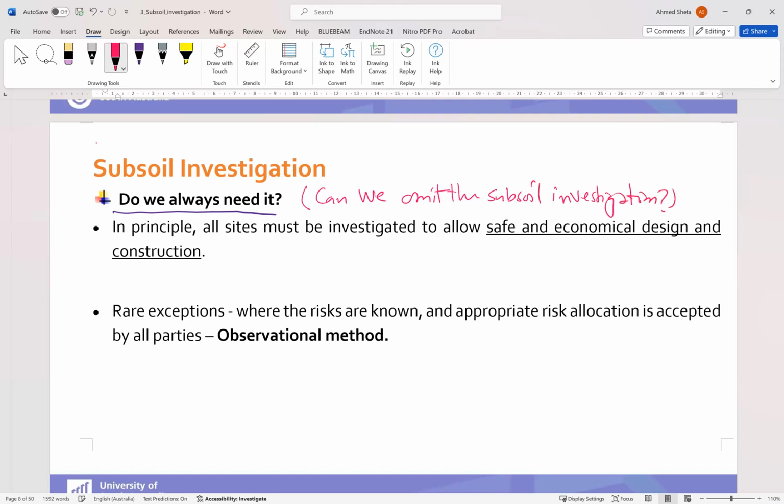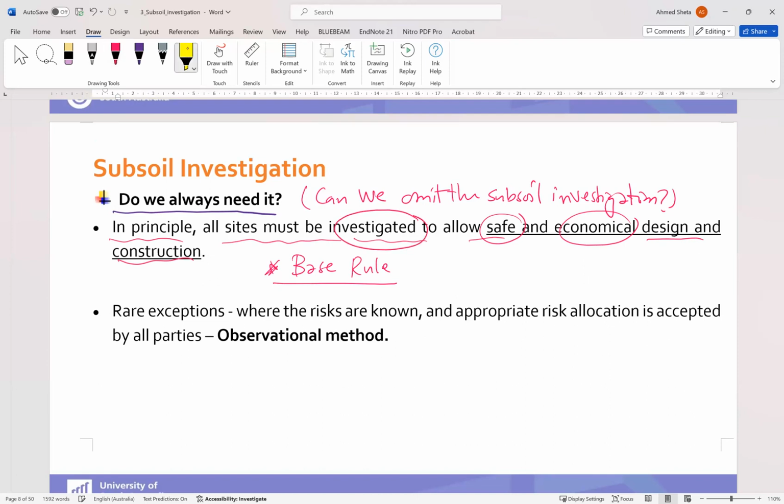In most cases, all sites must be investigated to allow, again, safe and economical design and construction. So this is the basic rule, that we should have investigation.